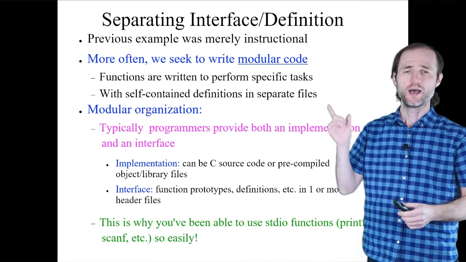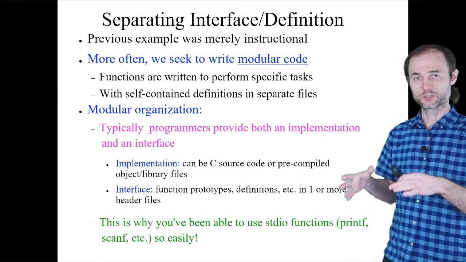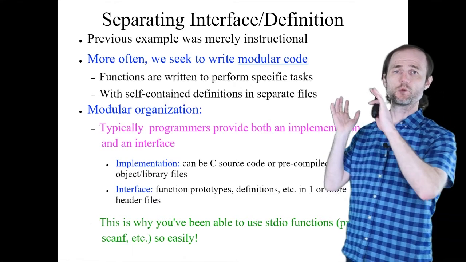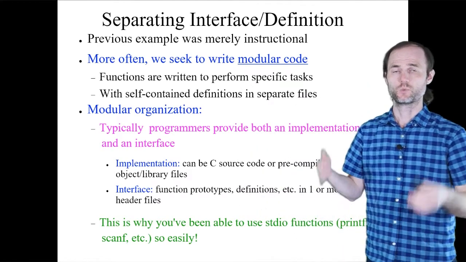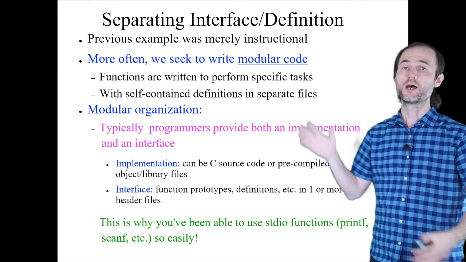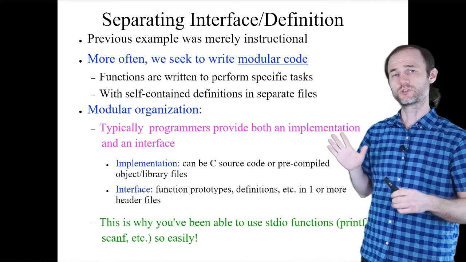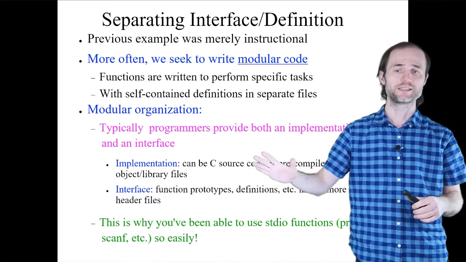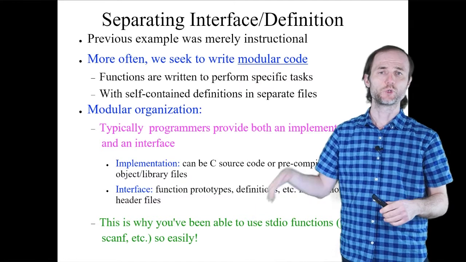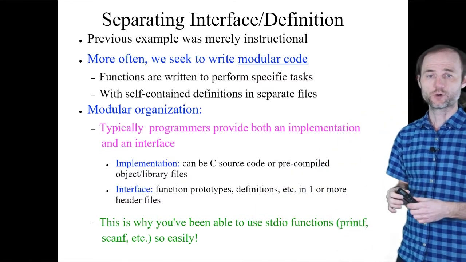And so it makes sense to keep the function body, the guts of the function, the definition of the function, somewhere in a centralized place, so that whenever you invoke the function, you don't have to redefine it. Its definition is already sitting somewhere. So it's nice to separate the definition of the function into a separate file. And that is what motivates the modular organization of C programs.